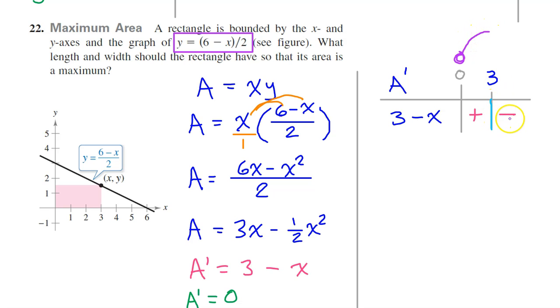And since A prime is negative for the rest of the domain, that means A itself is decreasing for the rest of the domain. This means A has an absolute maximum at x equals 3, not merely a relative maximum, since we have accounted for the entire domain.